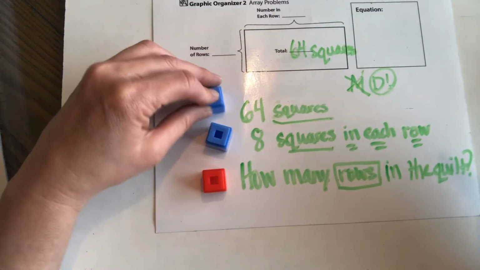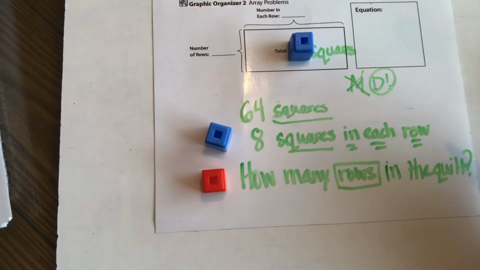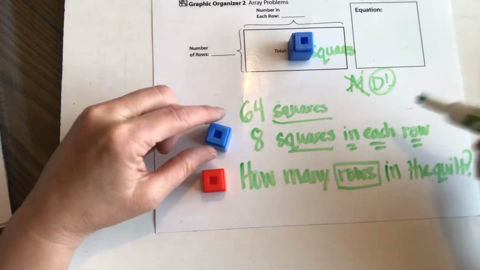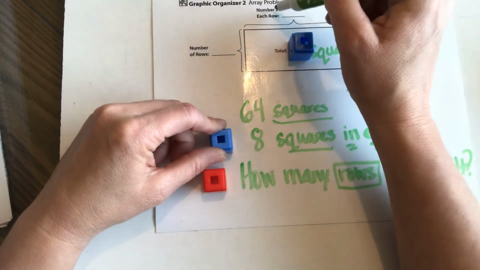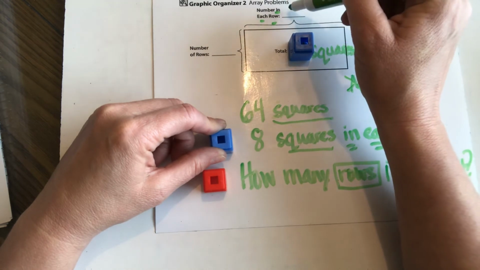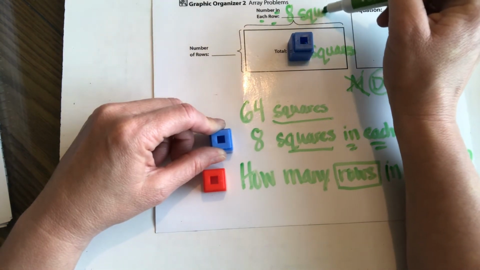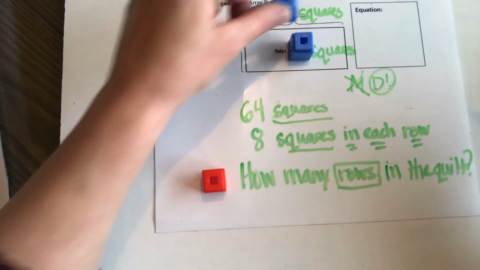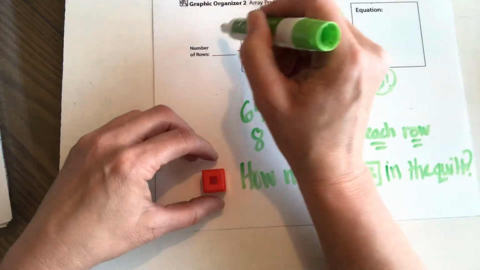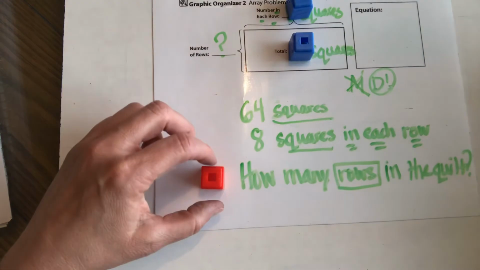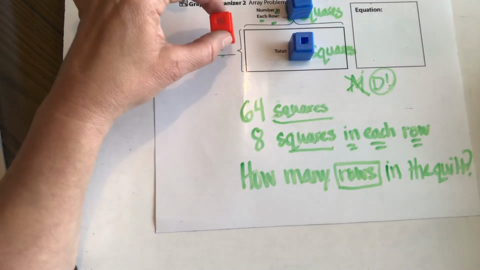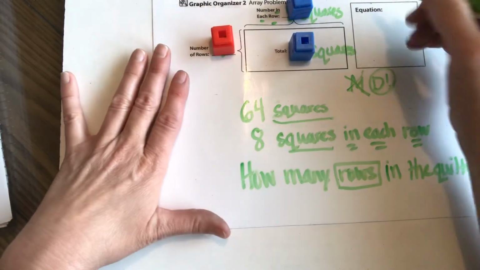There are no more squares in the story. That is the whole. The 8 squares in each row is part. It's how many there are in each row. That's also part of our story. And so we are looking for the number of rows.